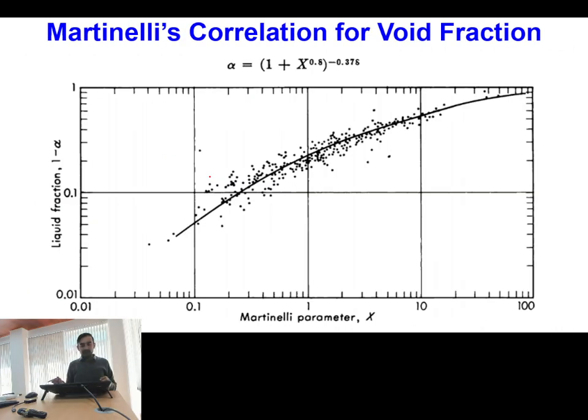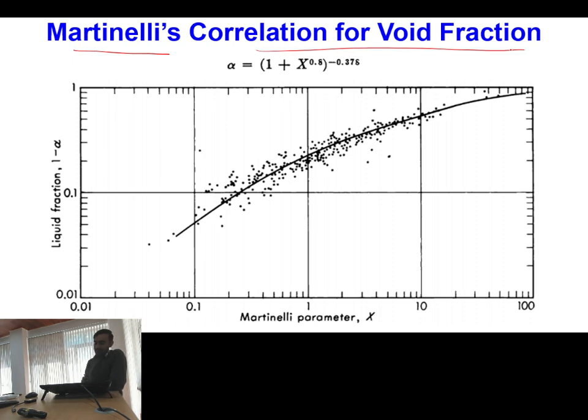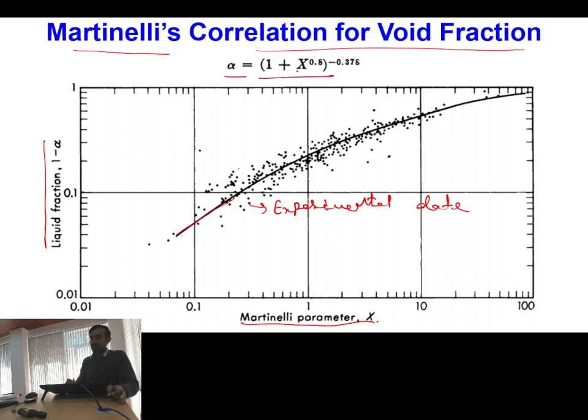Here one correlation you can see, which is called Martinelli's correlation for void fraction. This is the Martinelli parameter x and this is the liquid fraction 1 minus alpha. This is measured from different experiments. All these scatter points are experimental data, and this data can be fitted by a single line, and the equation of this line can be written as (1 + x^0.8) raised to the power minus 0.378.